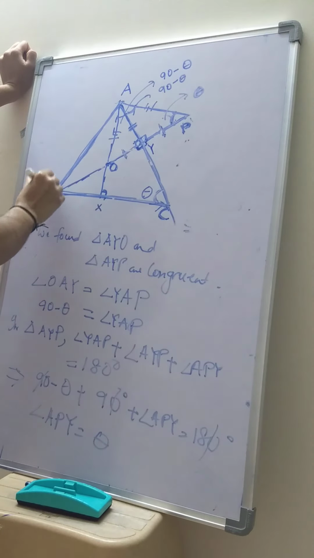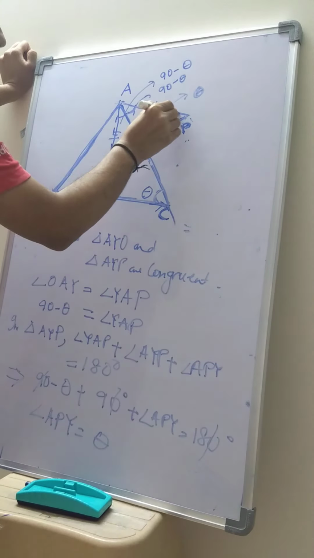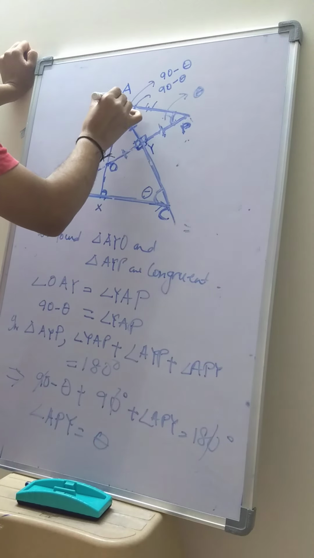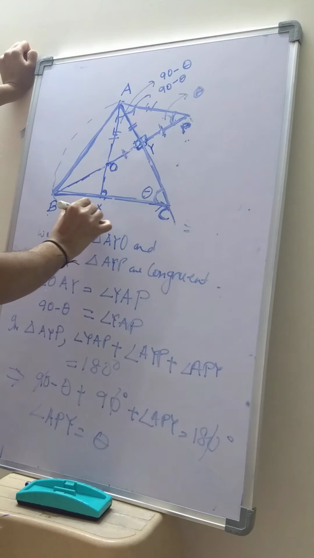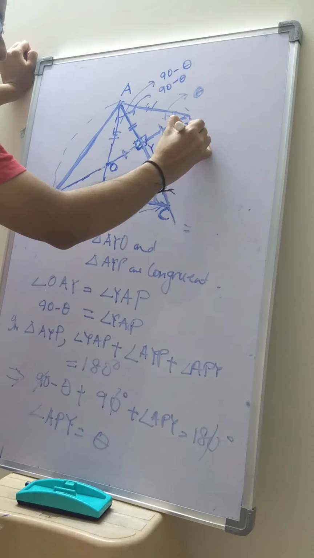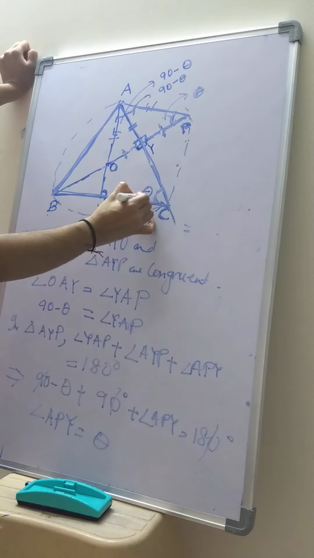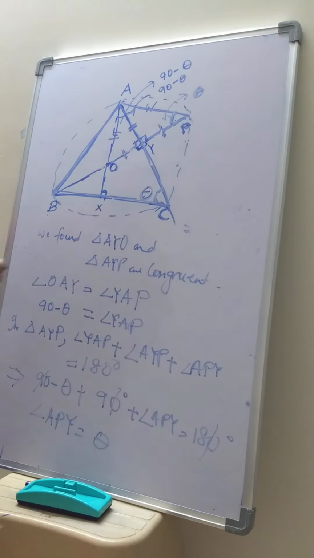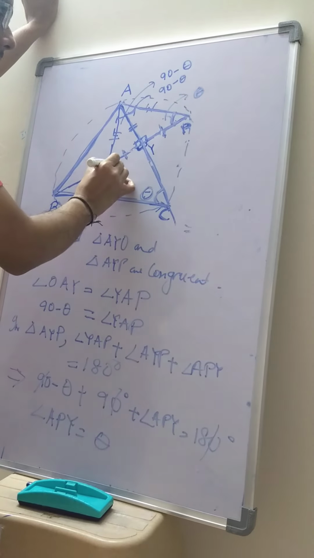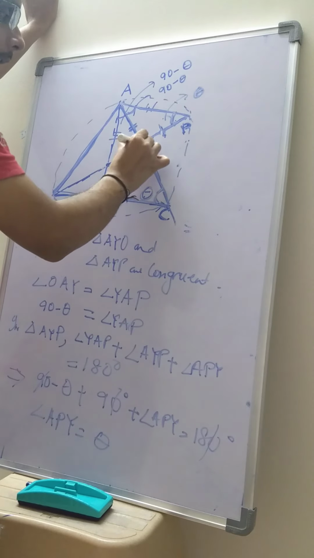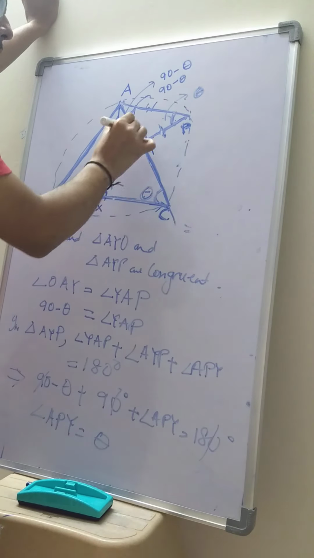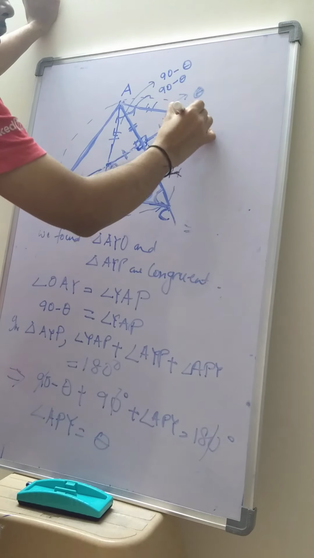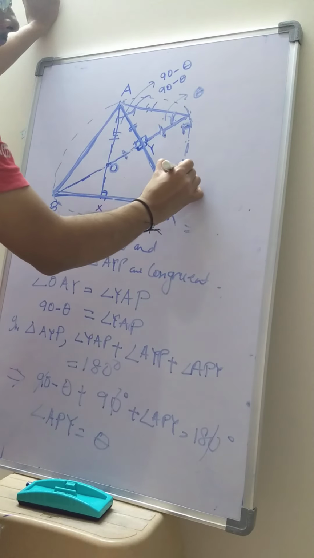If you consider this as a chord of a circle and this angle is equal and this angle is equal, then the circle which passes through points A, B, C will also pass through point P. So here is the proof that the mirror image of the orthocenter over a side of the triangle lies on the circumcircle.